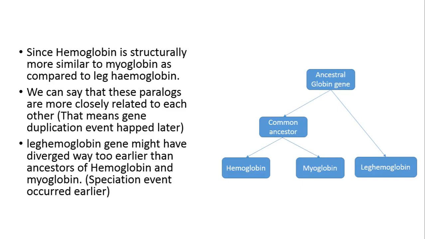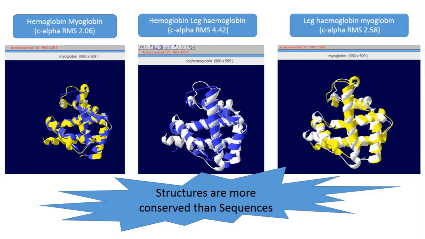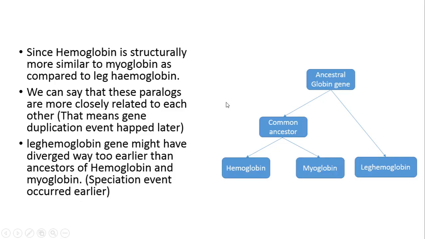Okay, so how do we come to draw this phylogenetic tree? We came to this conclusion solely on the basis of root mean square deviation and the values that we have obtained from structural alignment. So you can use such data in determining how these proteins might have evolved, how they might be related to each other, and which genetic or evolutionary event might have happened earlier or later on evolutionary timescales.